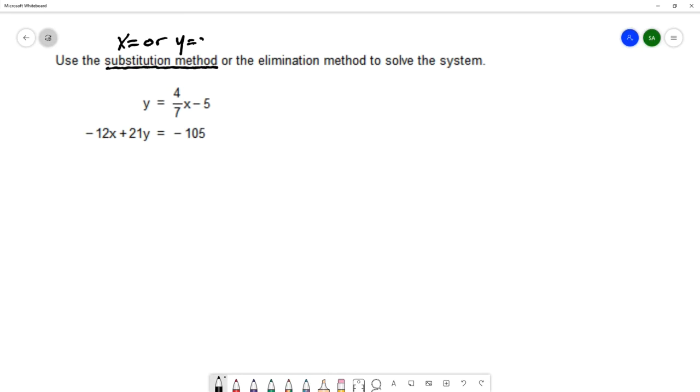The other method, the elimination method, you want to have all of your like terms lined up. So the system needs to look something like this. It doesn't have to look exactly like this, but most of the time this is what it would look like. And what you'll see here, I've got a mistake there, let me correct it.